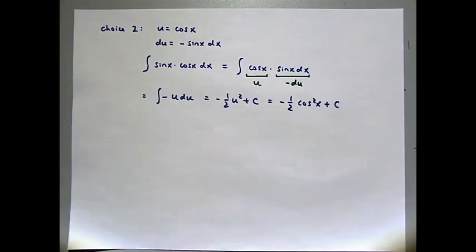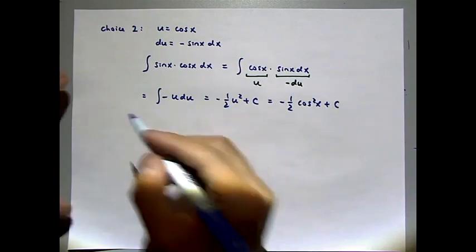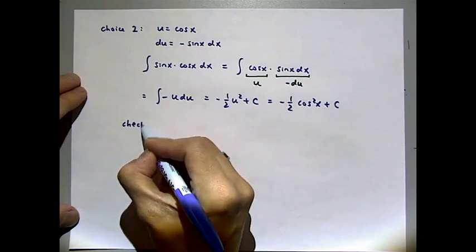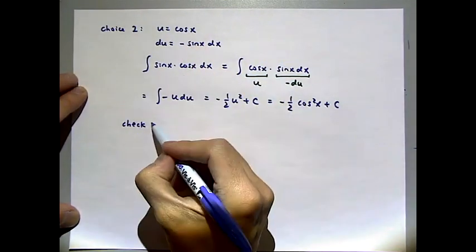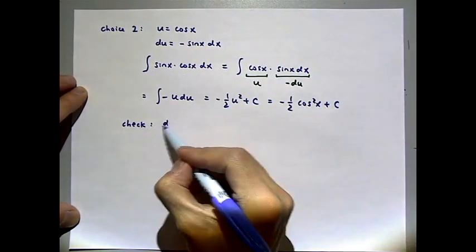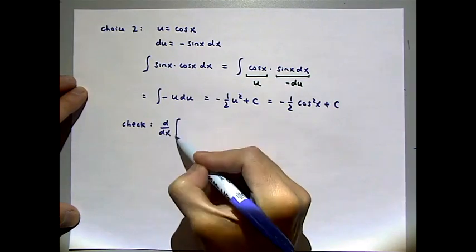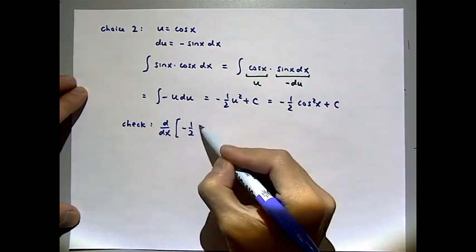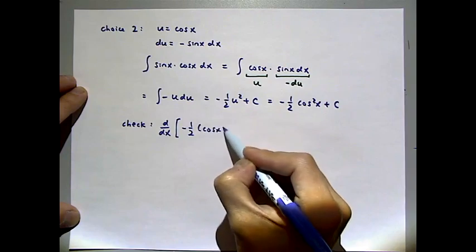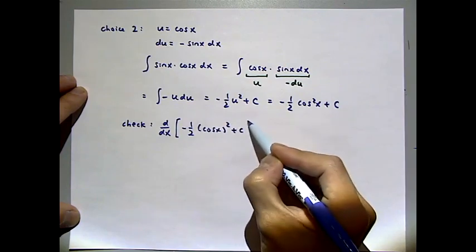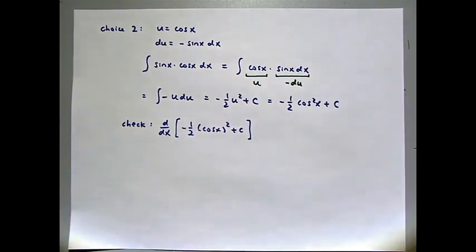Now, this one doesn't look like what we just got. But as long as I get the same thing, I know that's also correct. So let's check that. You've got to remember that every trig function can take on infinitely many different forms.